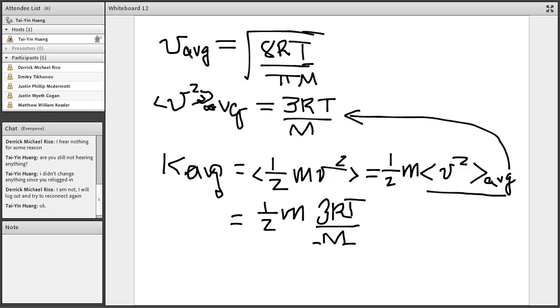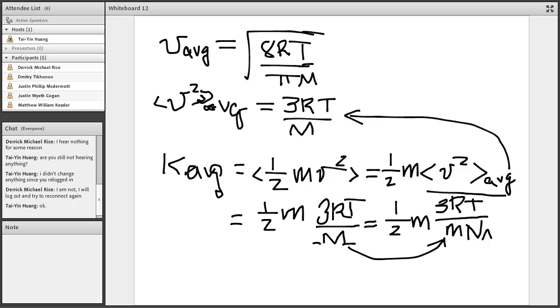So what you have here is 1/2, and then your little m, the mass of the individual particle. You have your 3, your R, and your T. And I'm going to replace my capital M with this expression. How do we calculate the molar mass? The molar mass will be the individual mass times the number of molecules in 1 mole, which is the Avogadro's number.